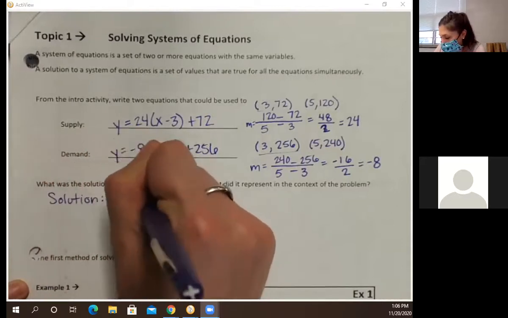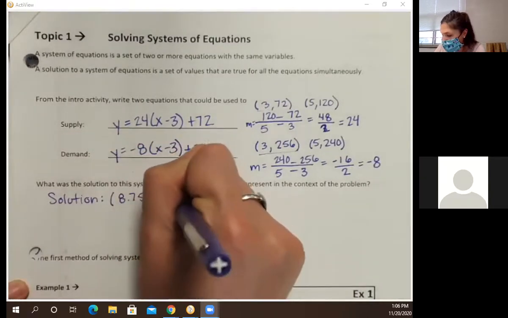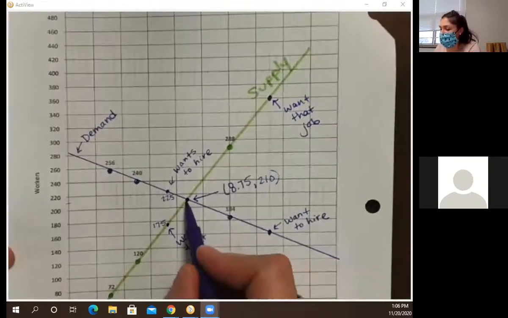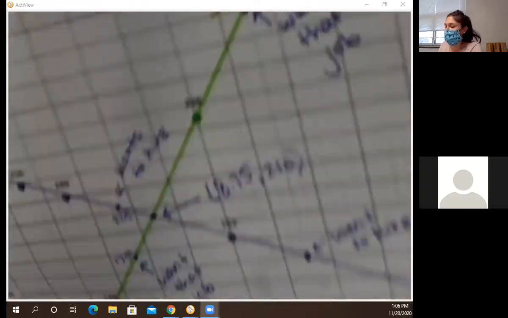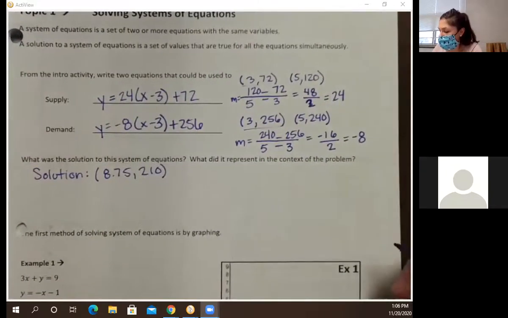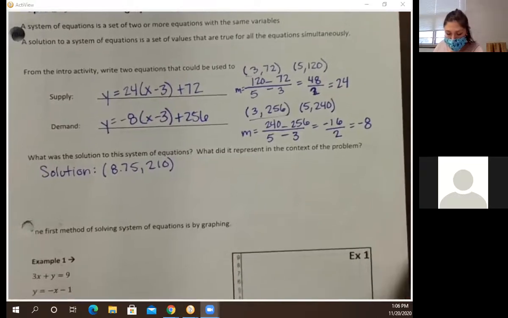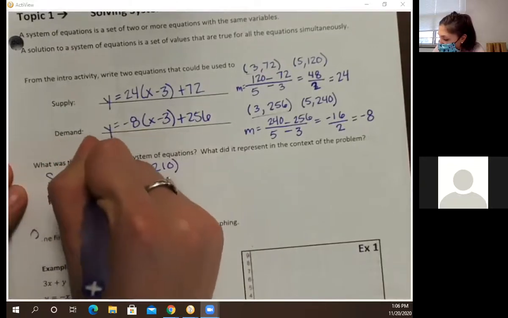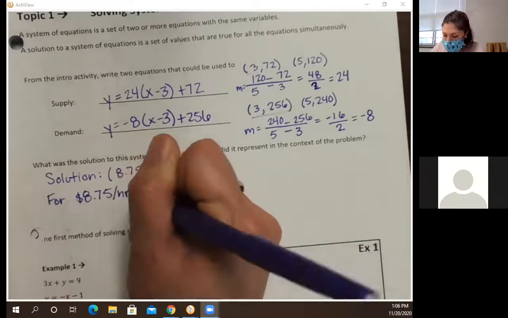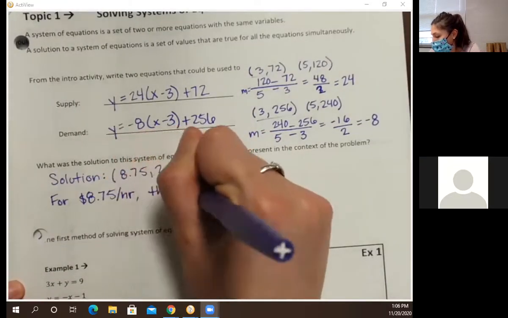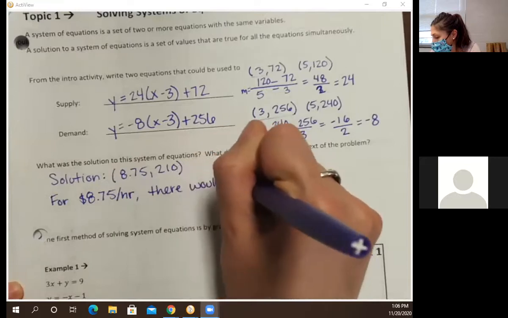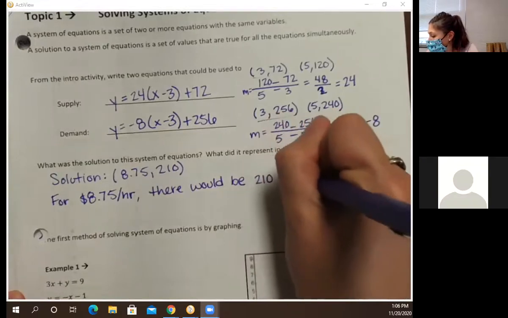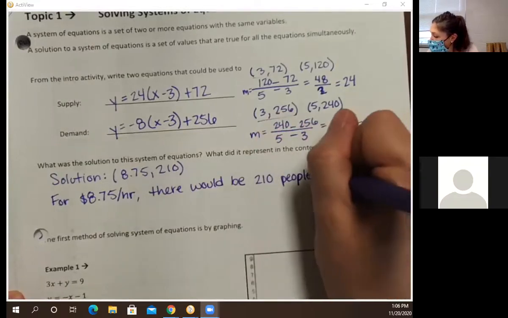Okay? So my solution was 8.75, 210. Right, that was, I'm going to flip back for just a second. That was the point where our lines intersected, the point that they shared. And in our problem, we talked about how that meant that for 8.75 an hour, there would be 210 people interested in the job.